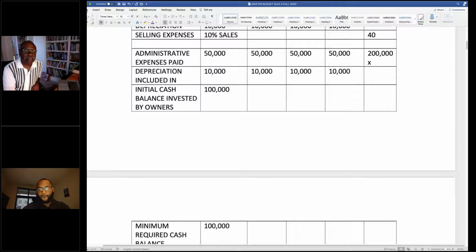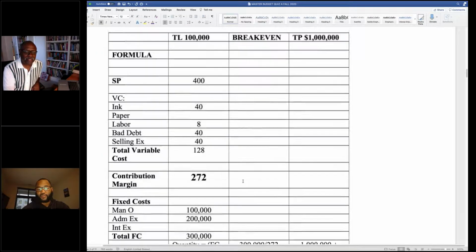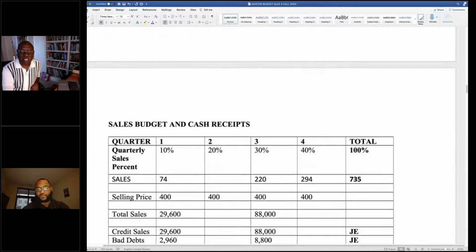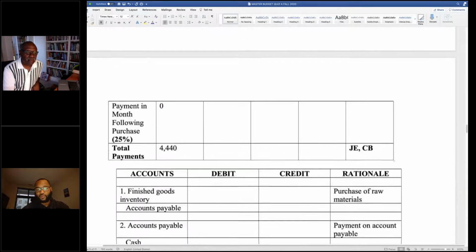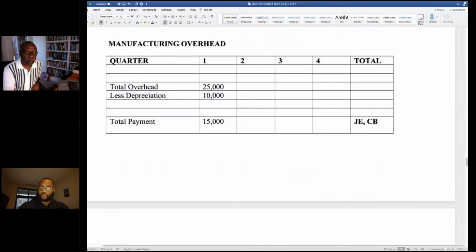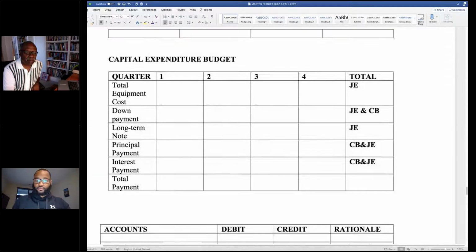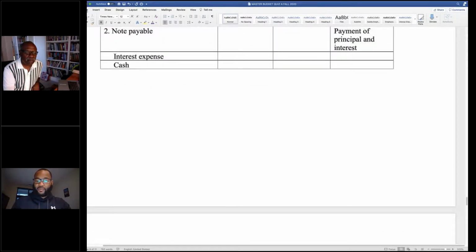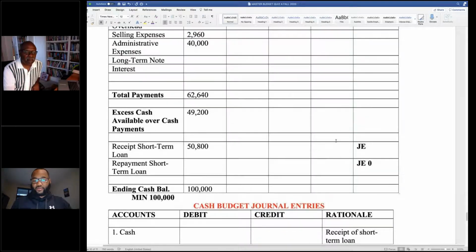Anybody finished yet? Well, as soon as I do this, I'll be finished. All I want is the bottom number. That's going to be the same, all the way across.